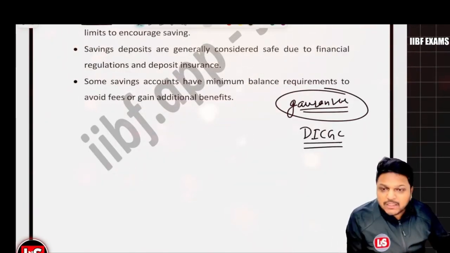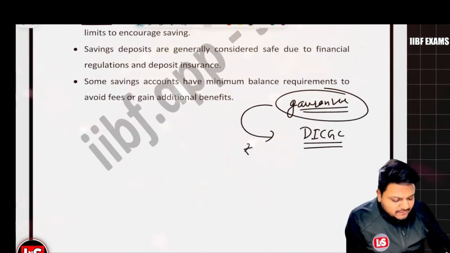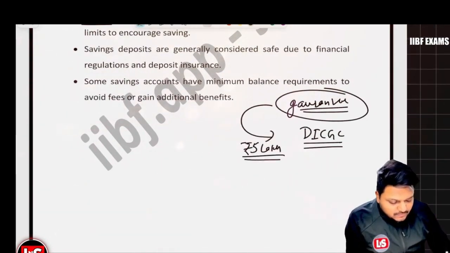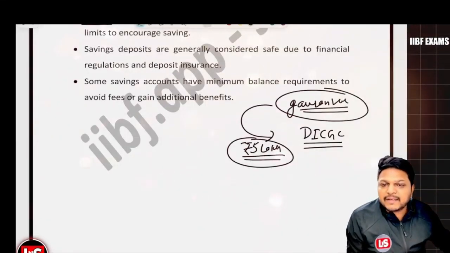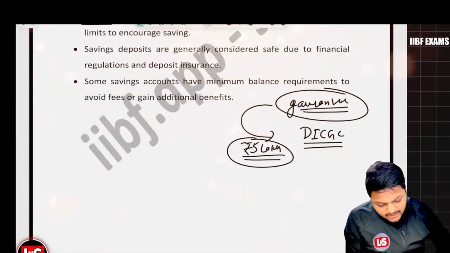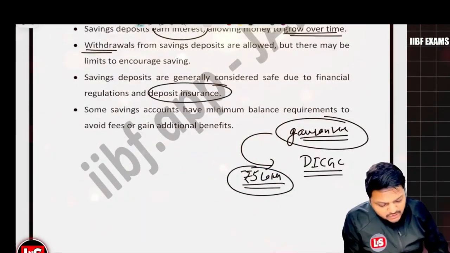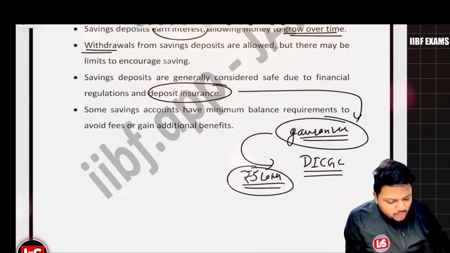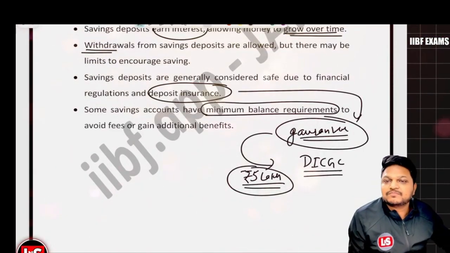And up to what amount is the insurance coverage available? Up to the amount of rupees 5 lakh. That is basically secured, right? And also, these are considered safe due to regulations and the deposit insurance, as I told you. And further, there might be some guidelines related to the minimum balance requirement in some of the cases.